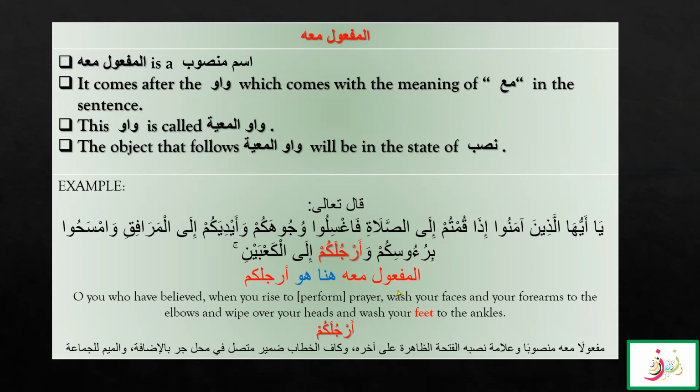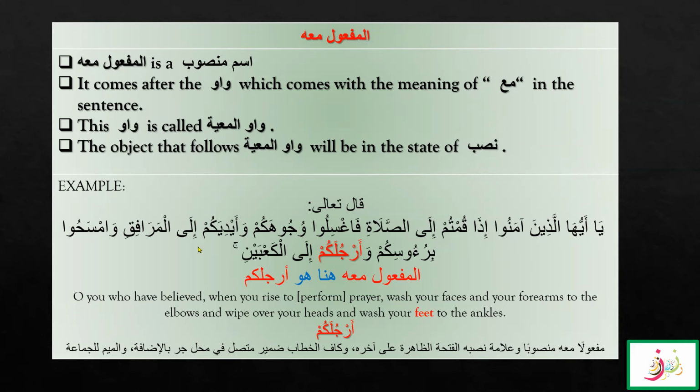So we can see the i'rab: Arjulakum is maf'ulan ma'ahu mansuban wa alamatu nasbihi fathatun zahira, we can see the fatha zahira on the end. والكاف خطاب ضمير متصل في محل جر إضافة here, and the meem is for the plural, we know that it is for antum, kum. So here, this is a very beautiful example of maf'ul ma'ahu, and we know that this is attached with wujuhakum and aydiyakum.